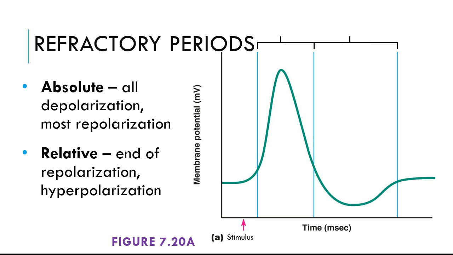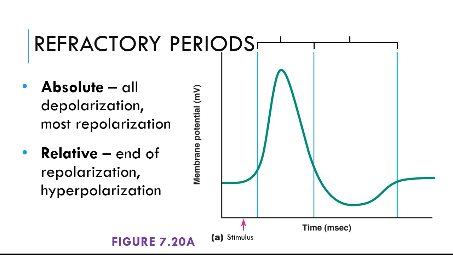During the absolute refractory period, during our depolarization and the bulk of the repolarization, the cell is depolarizing, it's approaching and then exceeding threshold, right? And then we open up the voltage-gated potassium channels, and we said potassium's flowing out.